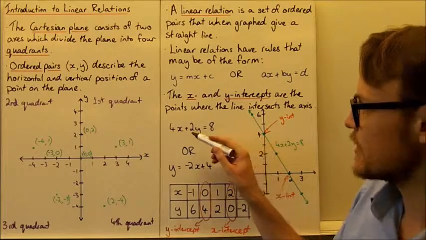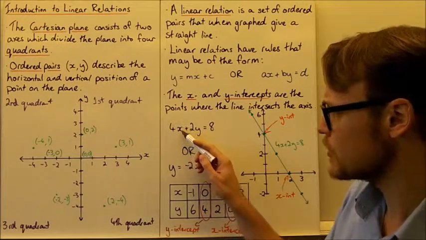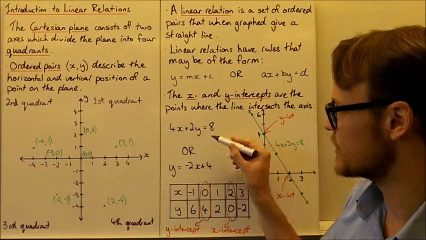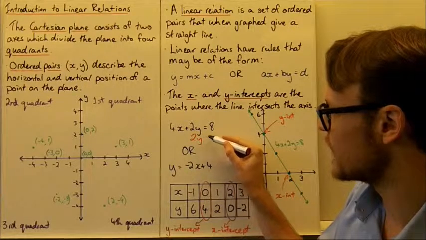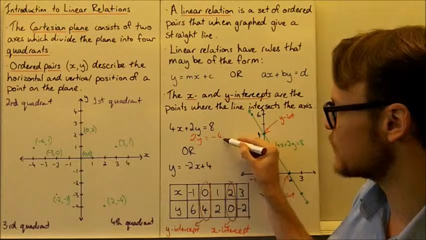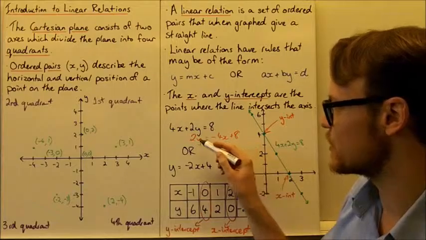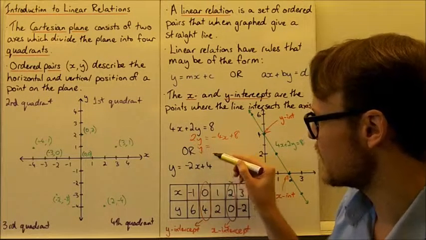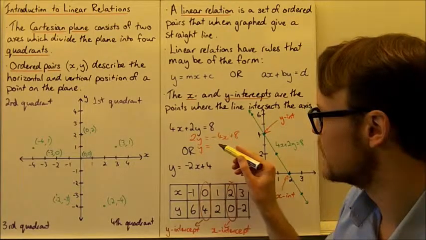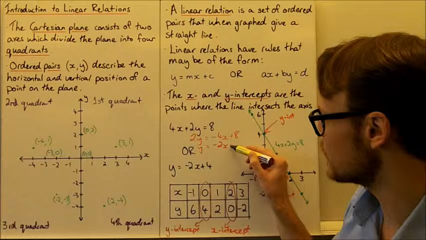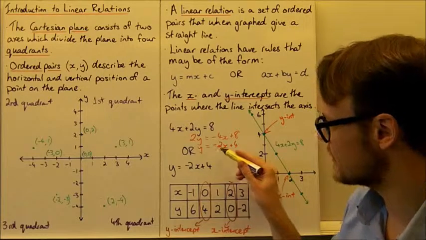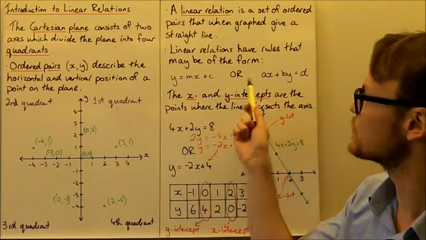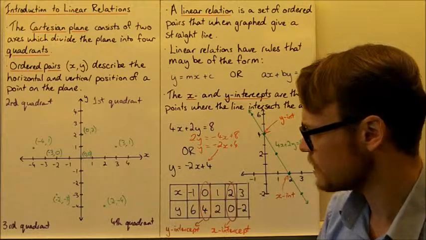You can see that if I subtract the 4x from both sides, then this becomes 2y is equal to -4x plus 8, and then if I divide both sides by 2, if I divide 2y by 2, I just get the y, and if I divide this whole side by 2, I get -2x plus 4. So that's exactly the same. I've just rearranged it into a different format from this form to this form here.